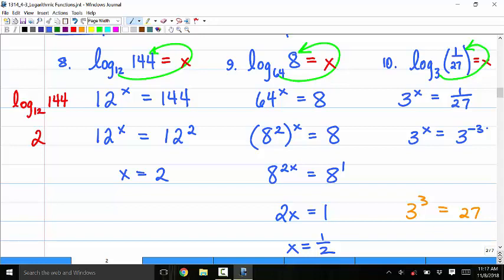You see it? How do I get rid of the negative? I reciprocate. I put it on the bottom, right? It becomes a positive 3 in the exponent. And what is 1 over 3 cubed? 1 over 27. That's how this went to that. Okay, so what's x equal to? Negative 3? Good.